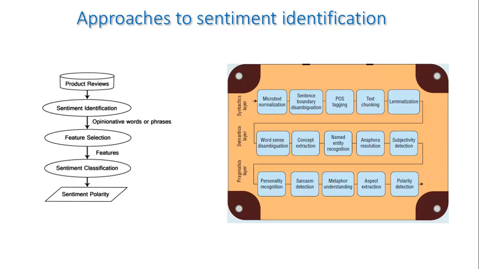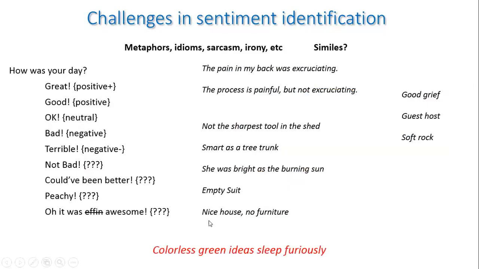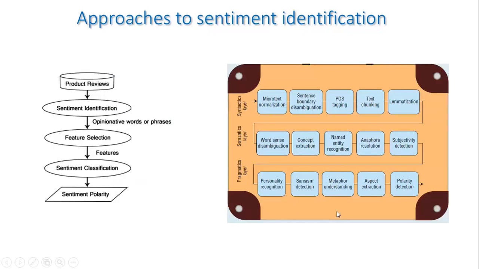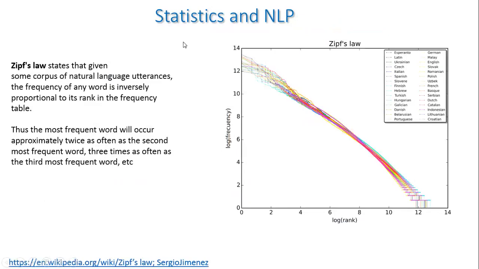Now, this is what I meant when I said our approach is going to be the extraction of meaning using statistics. We do not care about the grammar or grammatical correctness of a sentence. So that's the general approach to sentiment identification.